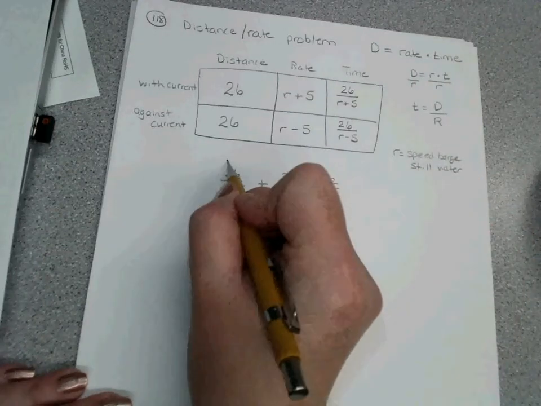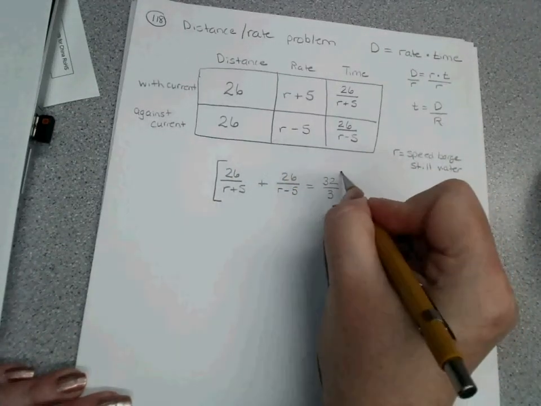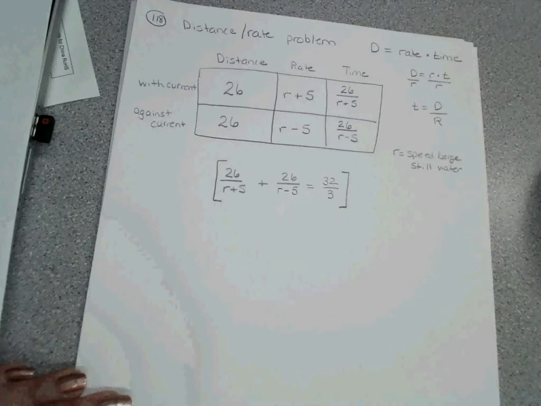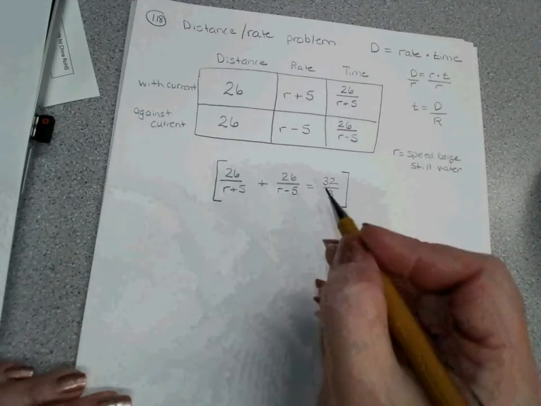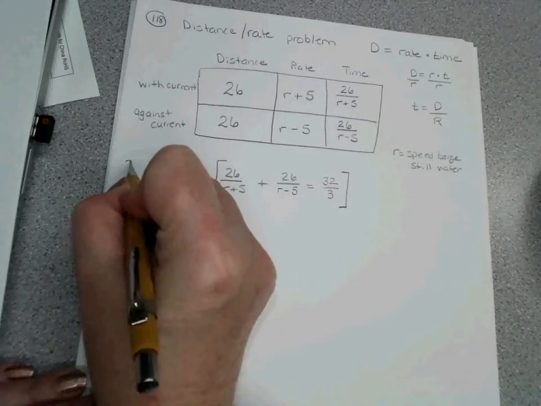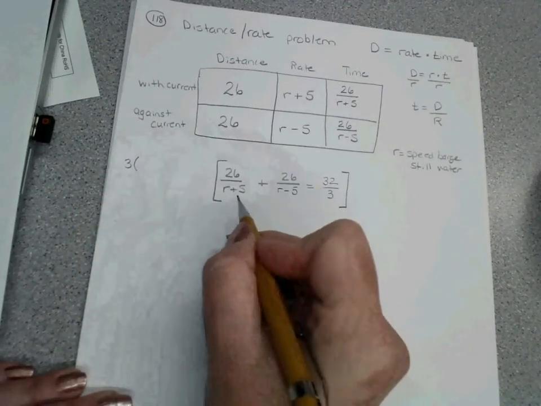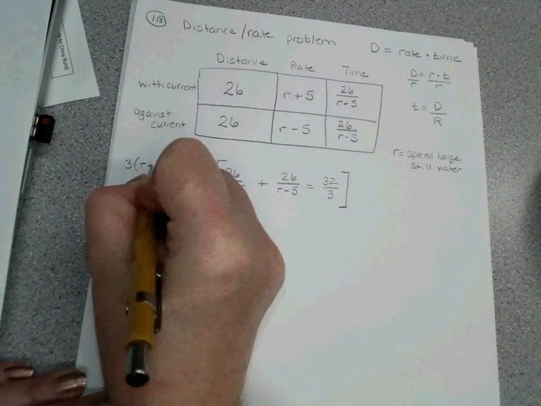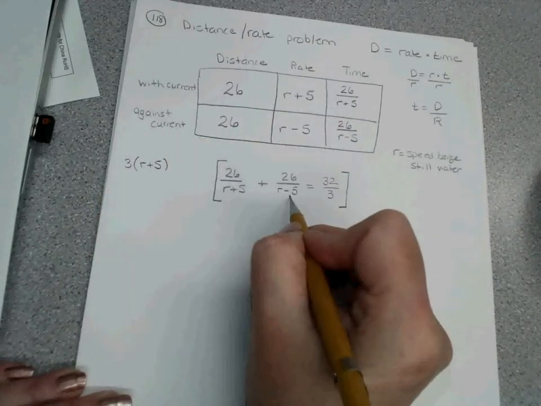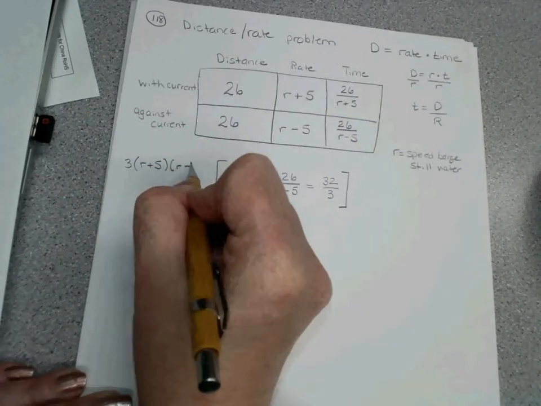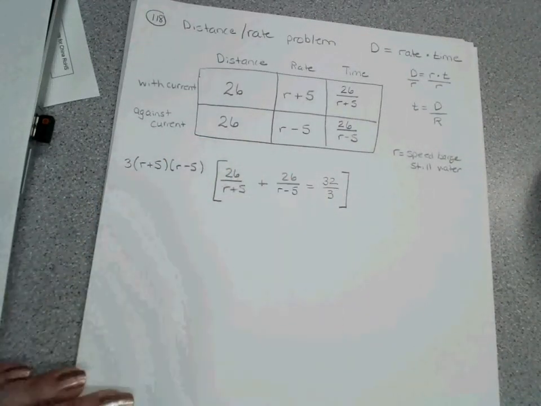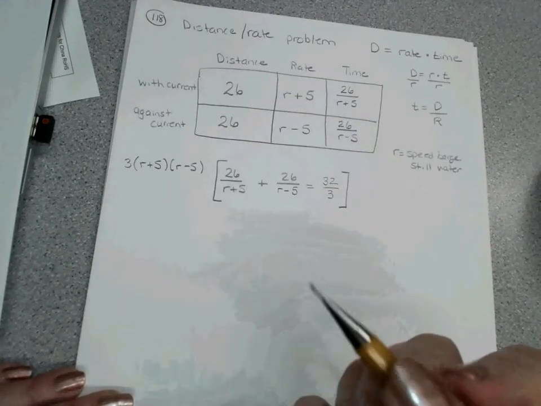Find my least common denominator, put brackets around the whole thing, and put it out in front. So my least common denominator has to have a 3. It has to have an r plus 5. It has to have an r minus 5. Okay? Now we are going to multiply through and cancel as applicable.